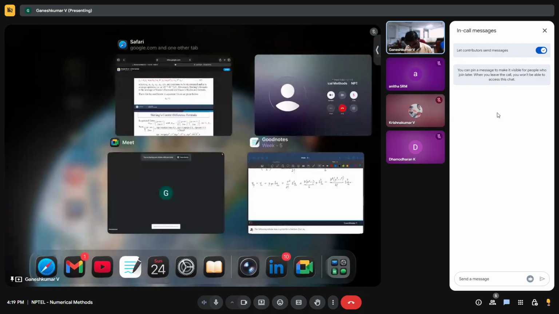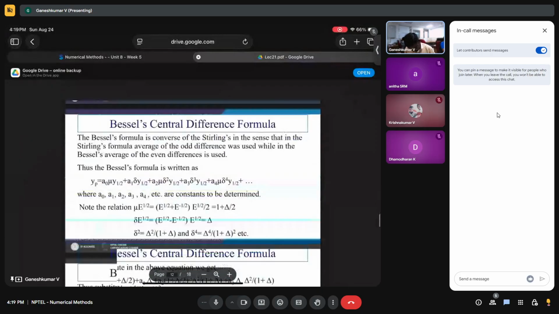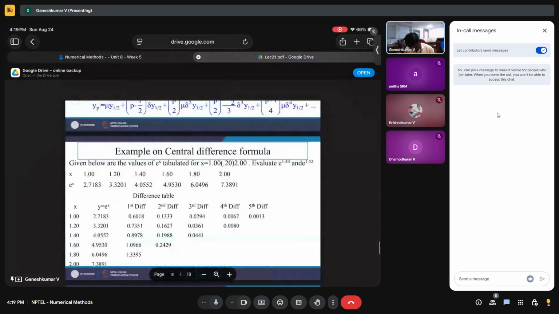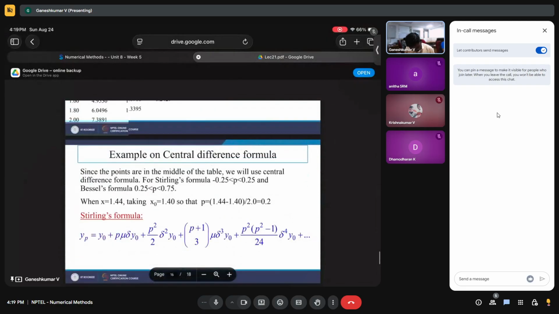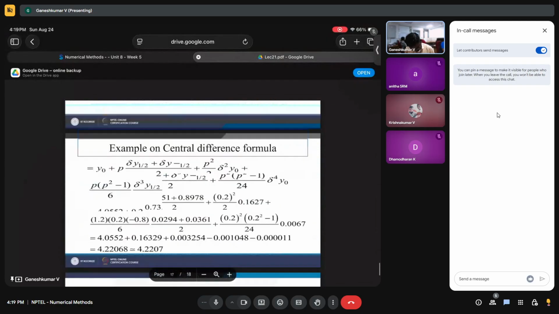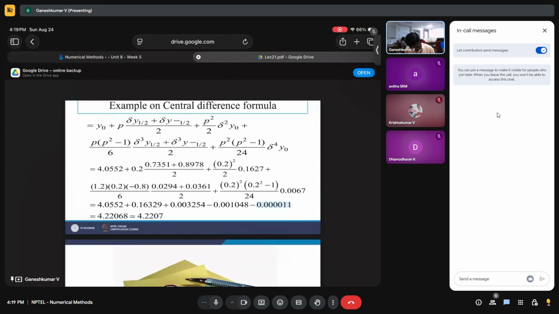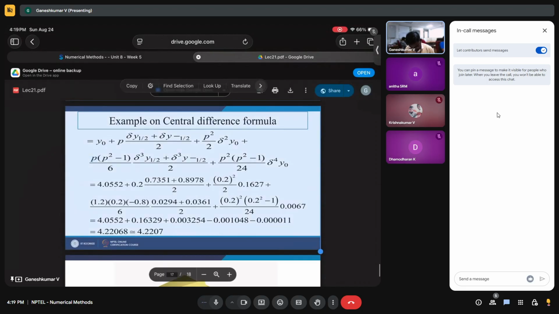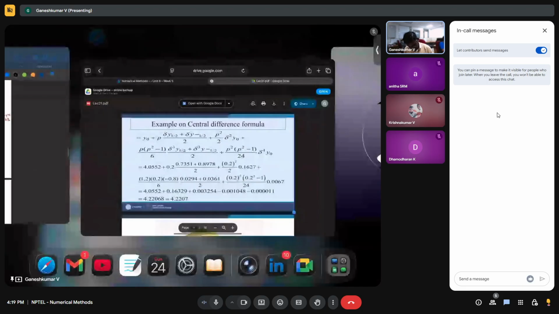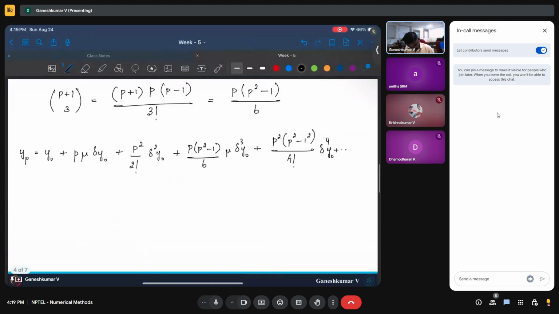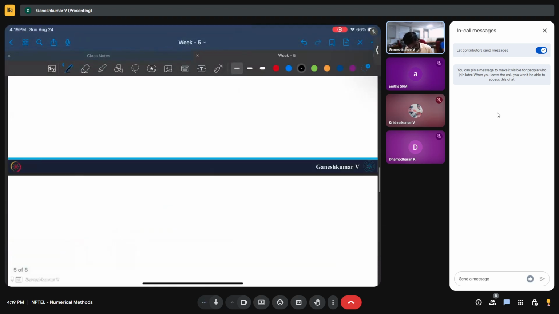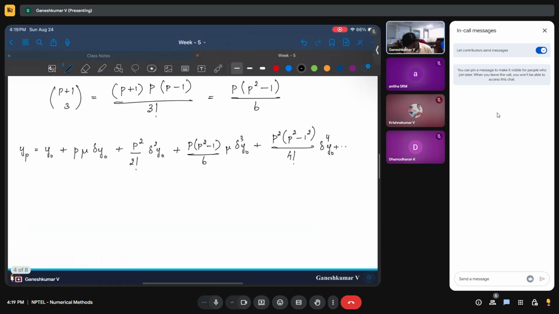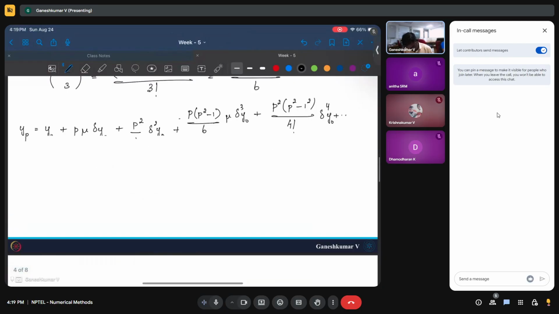Let me check whether this is right. p into p square minus 1 by 6. Okay.